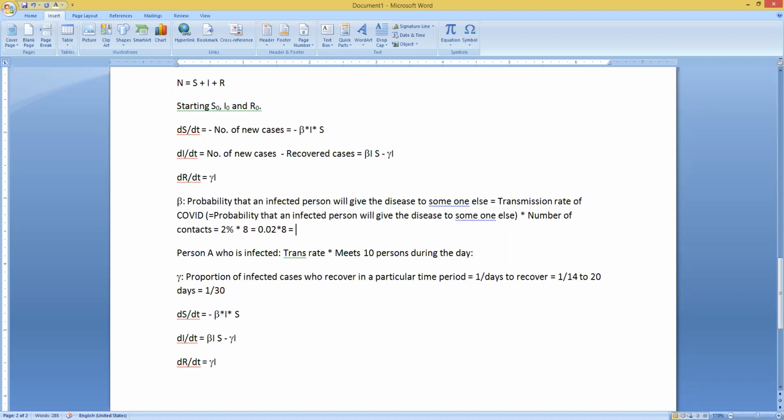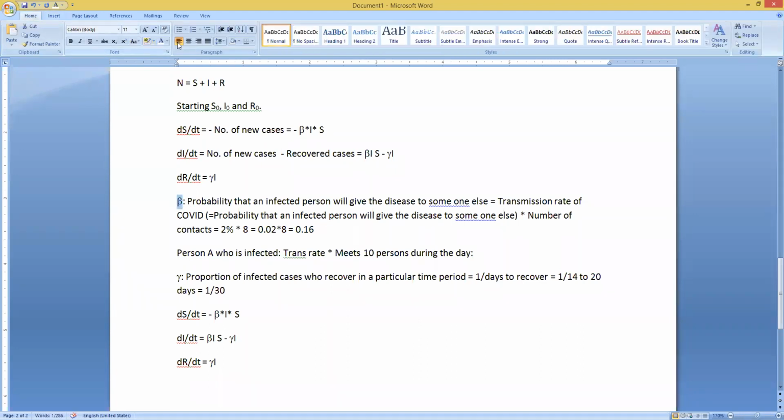So what will it be? This will be 0.16, right? So beta is 0.16 and gamma is 1 by 30. So this will be how much? 0.03.